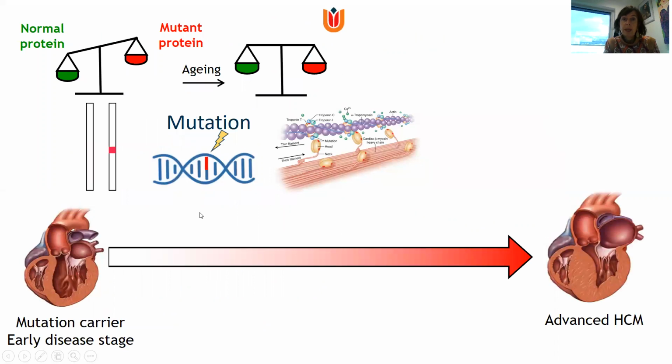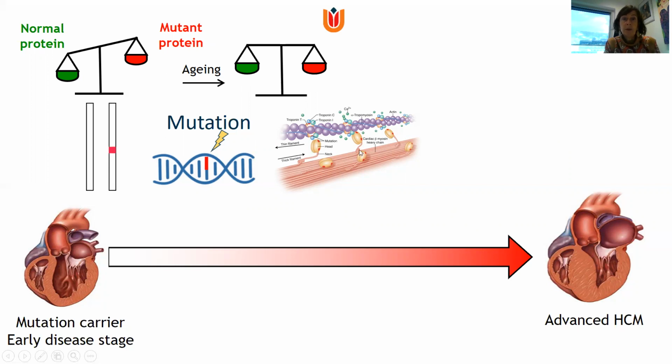So if you think about the development of this heart muscle disease, starting with a mutation in one of the alleles, and then thinking about disease progression, we now think that with aging, there's a shift from a relatively small level of mutant protein towards an increase in the level of mutant protein in the heart.